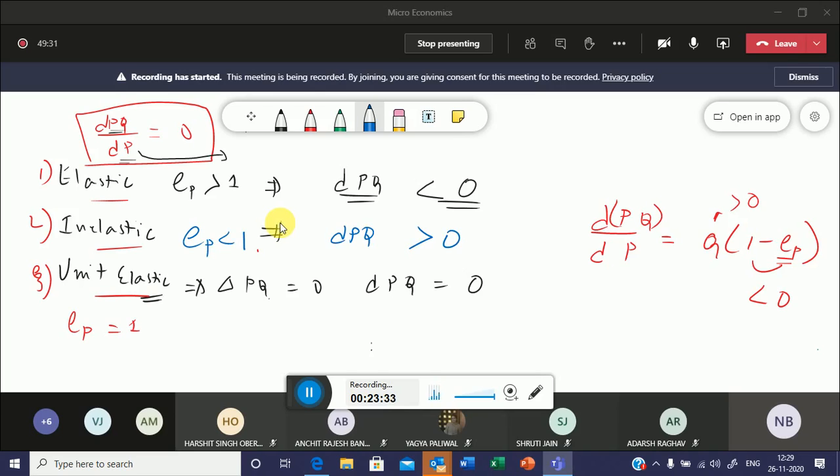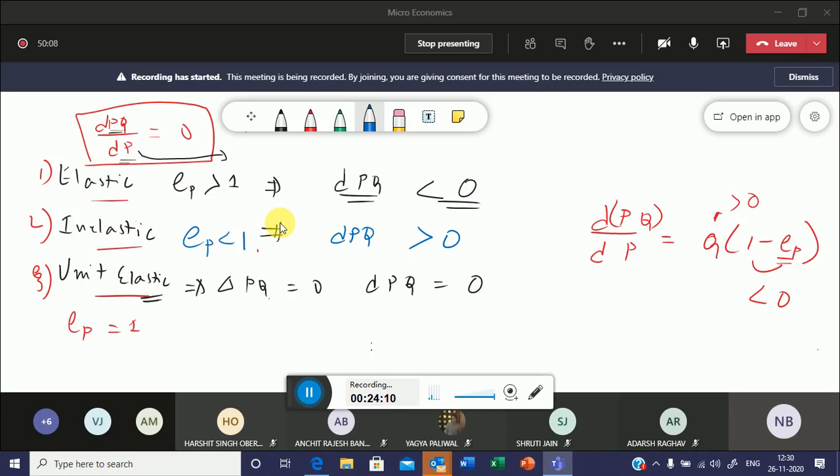So what is the moral of the story? The moral of the story is, it makes sense for the industrialist or the manufacturing units to increase the price if and only if your product is inelastic. Product is inelastic means that because of a change in price, the change in quantity is not so much.